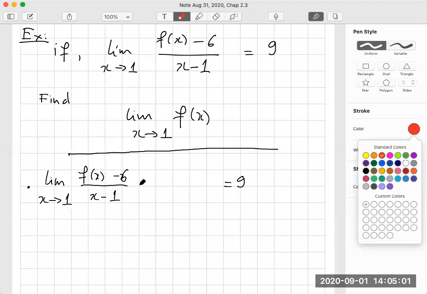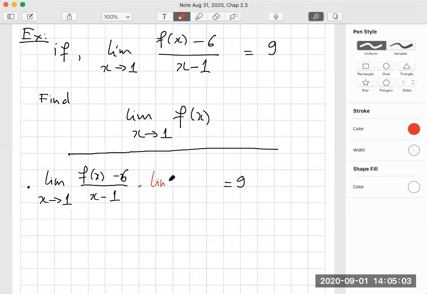If we multiply both sides by this number, nothing's changed. So the limit of x minus 1 when x approaches 1 will be simply 0, right? We multiply 0 by both sides. It's okay, right?